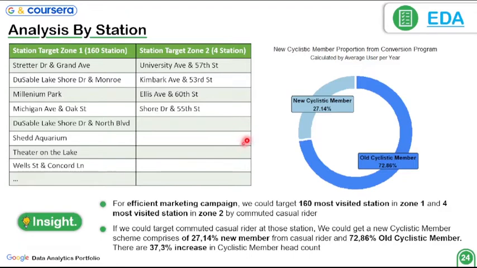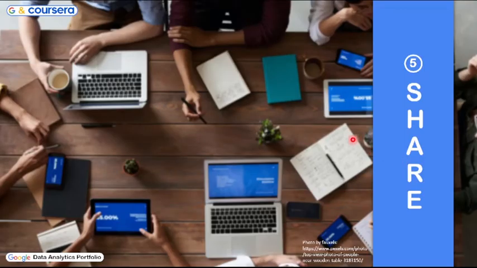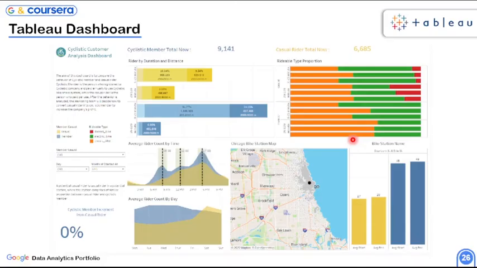If we could convert all the casual riders within these target stations, the company will get 37.3% new Cyclistic members, and the composition of Cyclistic members could become 27.14% new Cyclistic members and 72.86% old Cyclistic members.